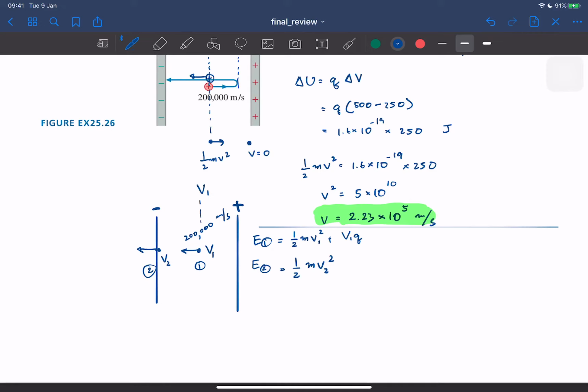So I say 1/2 m v1 squared plus V1 Q, where one is velocity and the other is the potential, equals 1/2 m v2 squared. Solving this, we have v2 squared equals 2 big V1 Q divided by m, plus v1 squared.